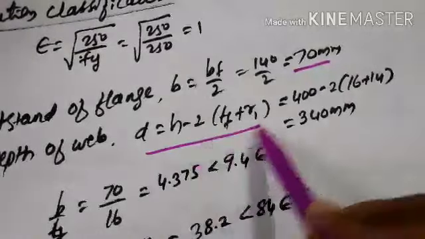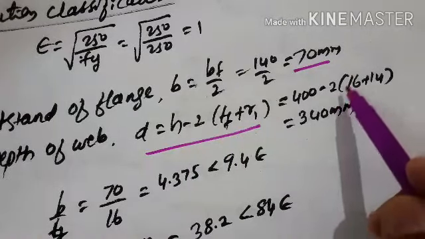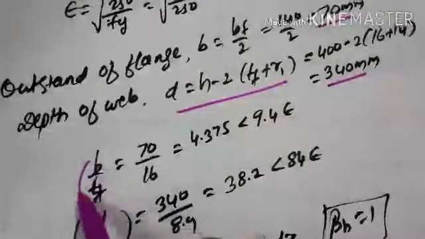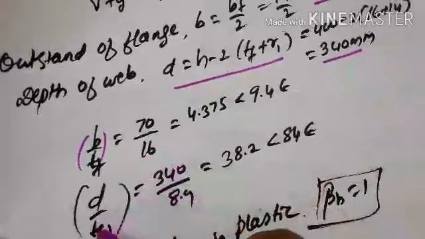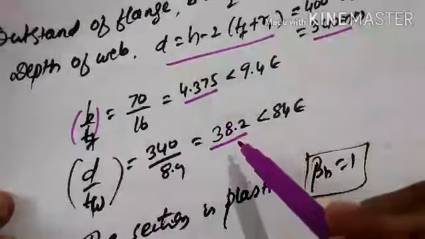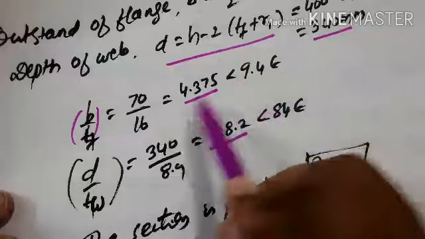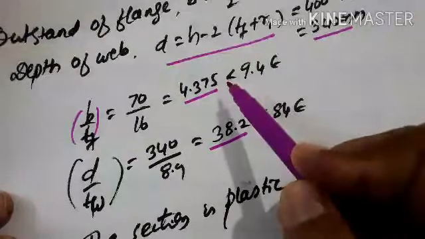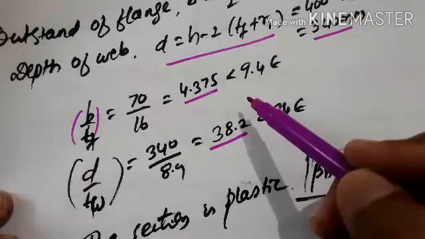Then 400 minus 2 into bracket 16 plus 14, so this much you will get. Then you have to calculate the ratios of the flange element as well as the web element, and you have to compare these two values with the permissible values in table number 2 of IS 800 2007.